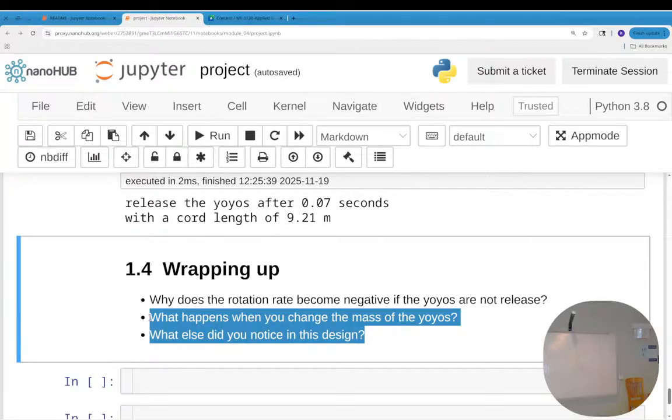Anything you noticed in the design? Yeah, changing things. Okay.